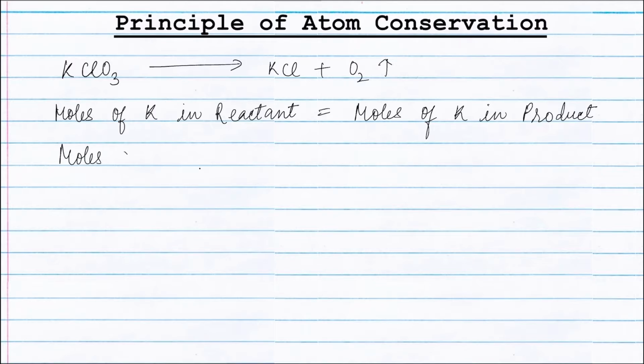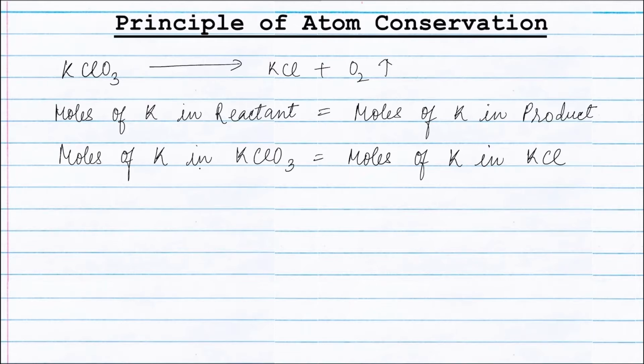moles of potassium in KClO3 is equal to moles of potassium in KCl, because on the product side KCl is the product containing potassium. 1 mole of KClO3 contains 1 mole of potassium atoms.